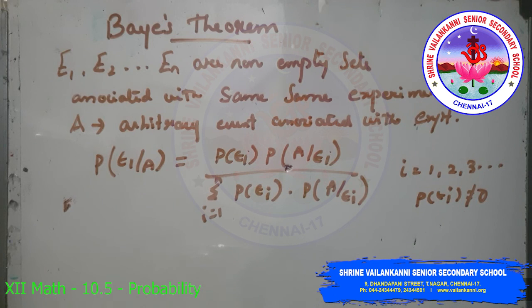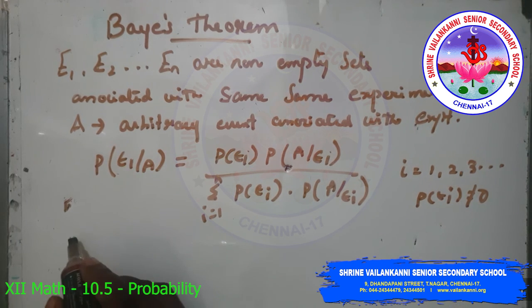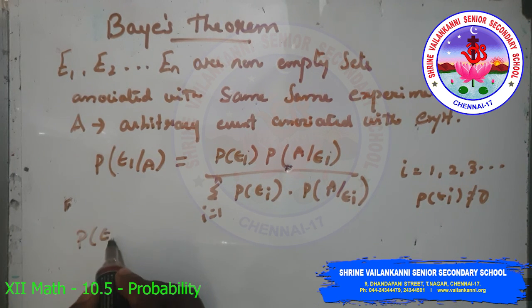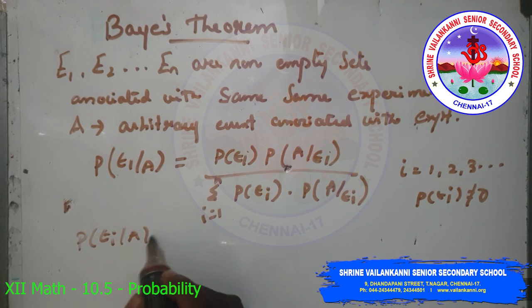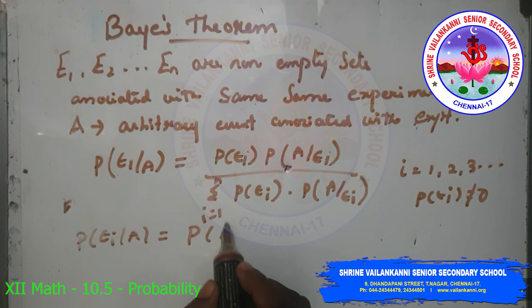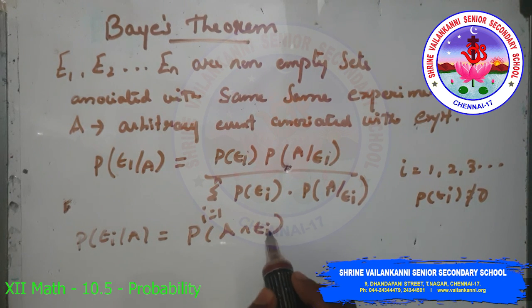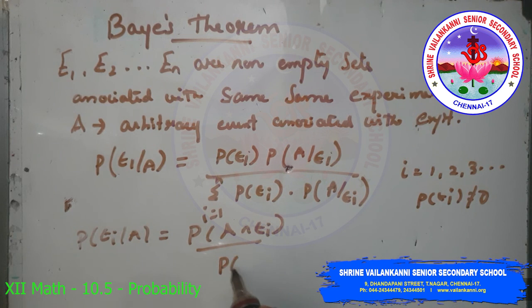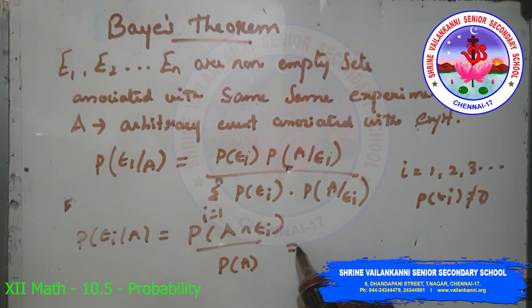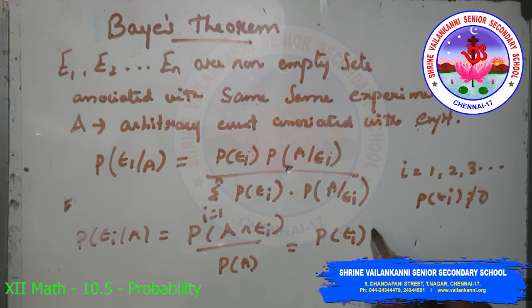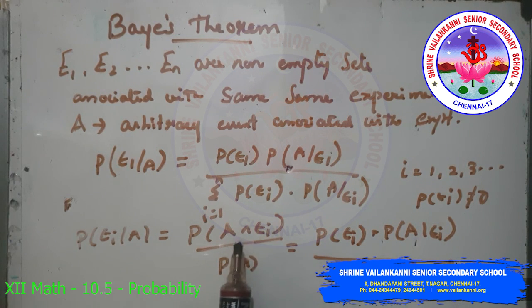In Bayes theorem we are using conditional probability. P(Ei|A) is equal to P(A intersection Ei) by P(A), which is equal to P(Ei) P(A|Ei) whole by P(A). Here we are using the multiplication rule of probability.